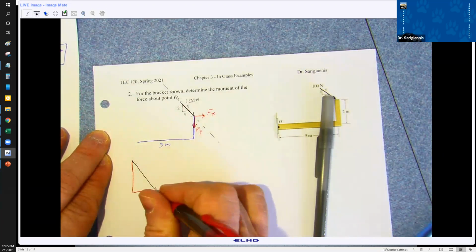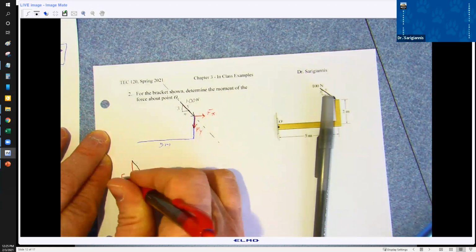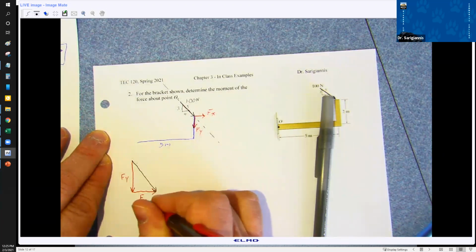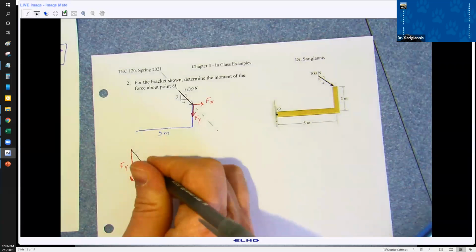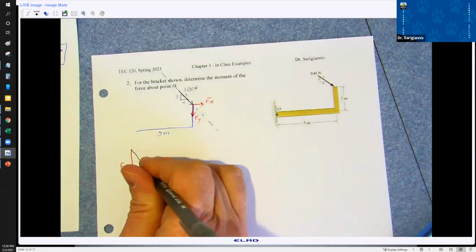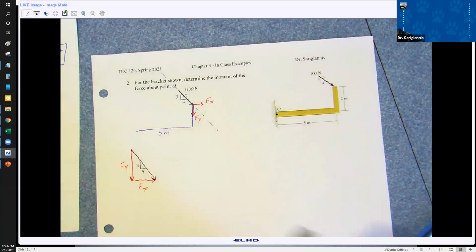These are the X and Y components making it up, right? And this is a 3. Apparently I drew this the wrong way, but it's 3, 4 this way.